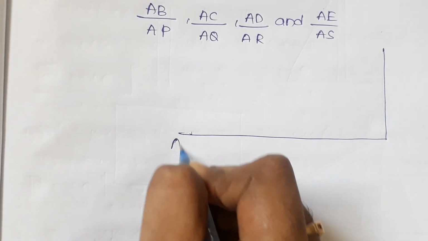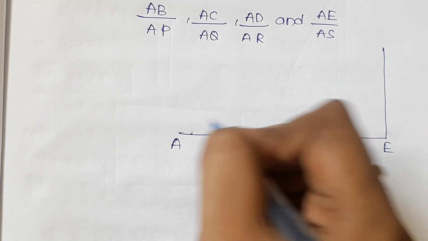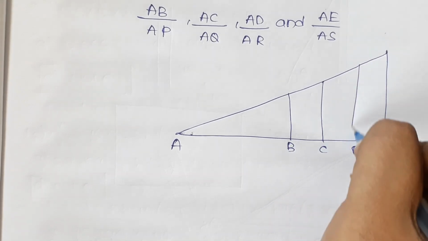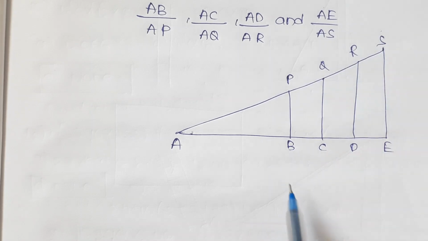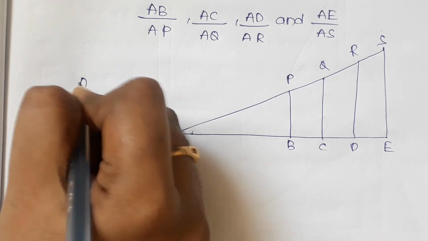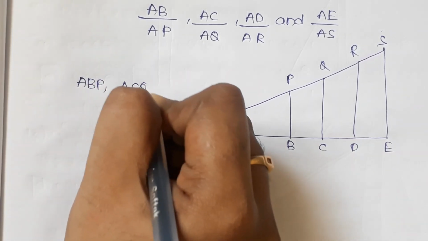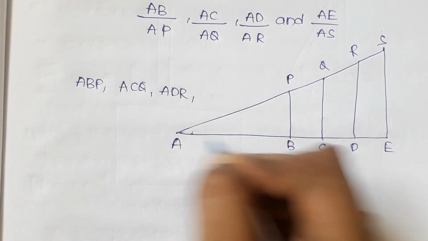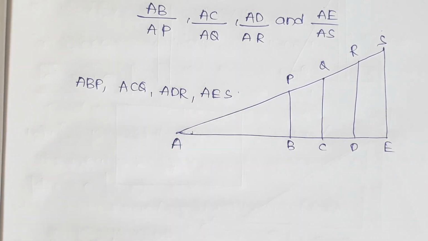It is the right angle triangle A, B, C, D, E. Here is P, Q, R, S. Here in this we have four right angle triangles, that is ABP, ACQ, ADR, AES. These are the four right angle triangles.